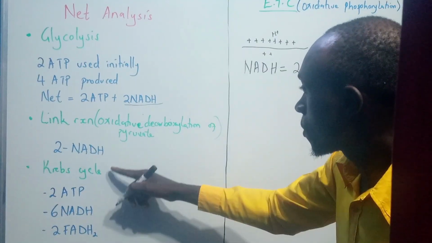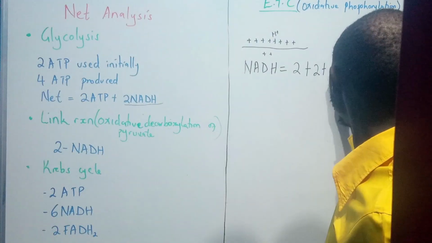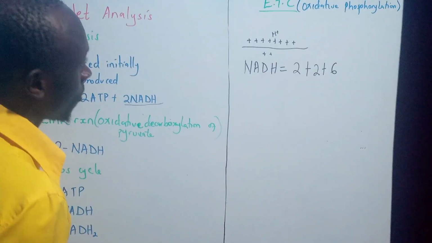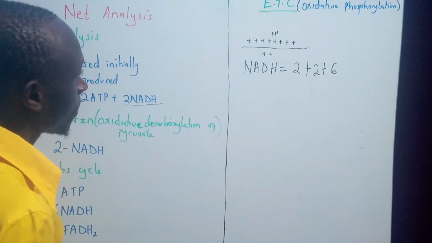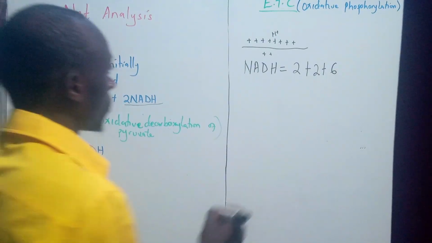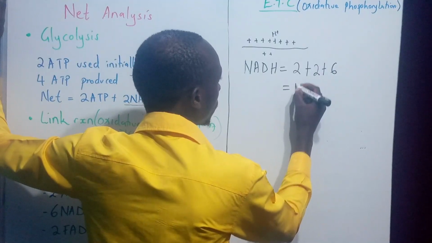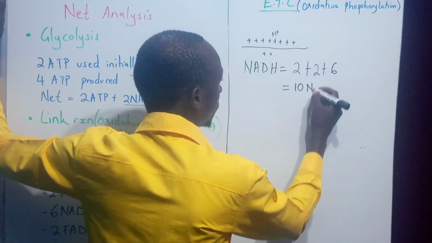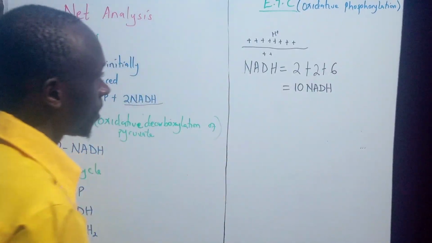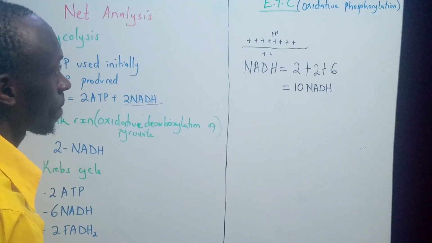Then from the link reaction to the Krebs cycle, we're having 6. So we have 2 plus 2 plus 6 reduced NAD entering into the electron transport chain, giving us a total of 10 reduced NAD.